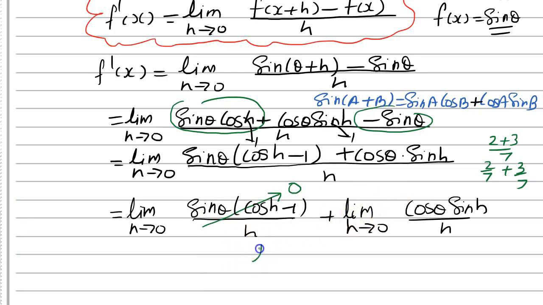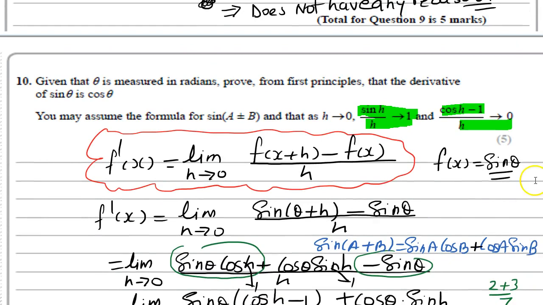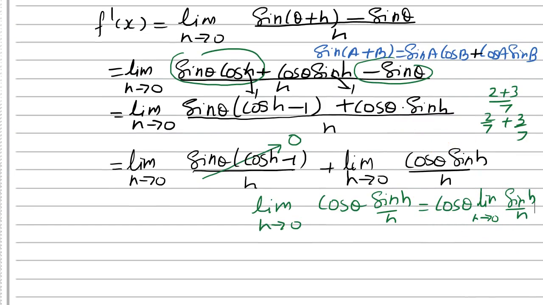And what is left here? Limit h tending to 0, cos theta sine h over h. So cos theta is outside, limit h tending to 0, sine h over h. If you see the top question here, it is given that sine h over h is tending to 1. So this value we can put 1 here. So that is cos theta from here, and this value from the question is 1.